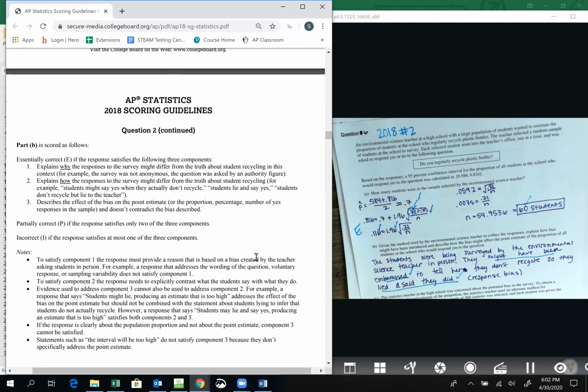Describes the effect of the bias on the point estimate or the proportion, percentage, or number of yes responses in the sample, and doesn't contradict the bias described. So we're describing an overestimate, that we think it's too many. Oh, did I not do that?